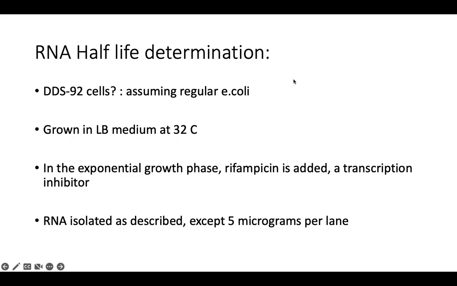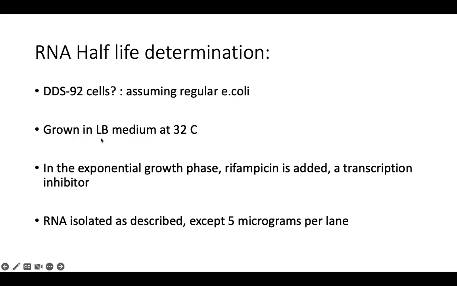The way we determined RNA half-life, they used DDS92 cells. I've searched through the whole internet and I was not able to find what that is. So I'm assuming it's just something specific to their lab, and I'm just going to assume that it's regular E. coli, but don't quote me on that, okay?